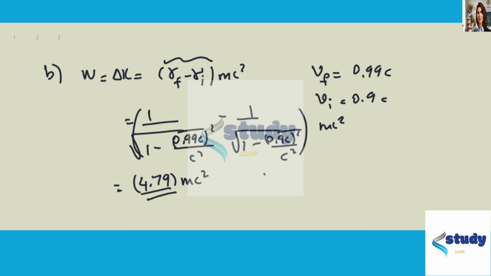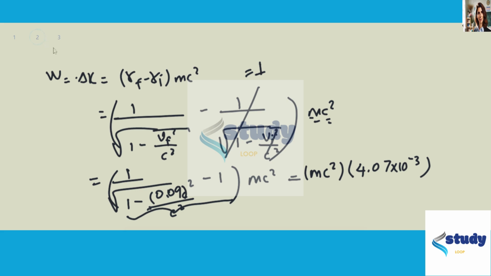In part C, we're asked to compare our answers to part A and B. Obviously, if we go back to the answer to part A, you're going to see that the coefficient is much smaller.